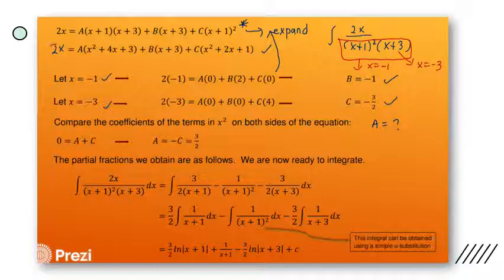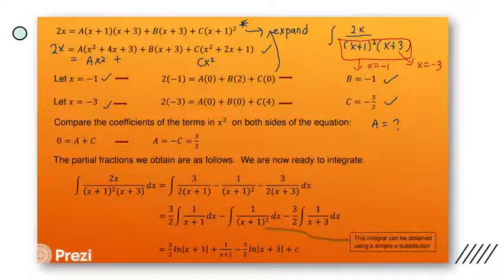We can compare both sides of x squared. On the left hand side, we didn't have x squared, so the coefficient is 0. For the right hand side, the coefficient for x squared is a, from ax squared, plus this one, cx squared.